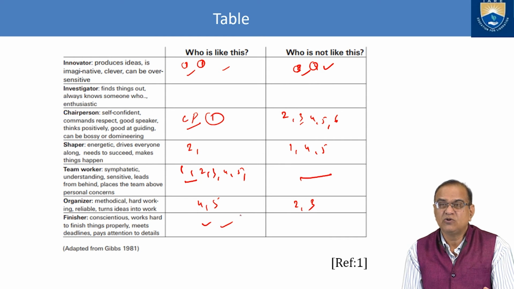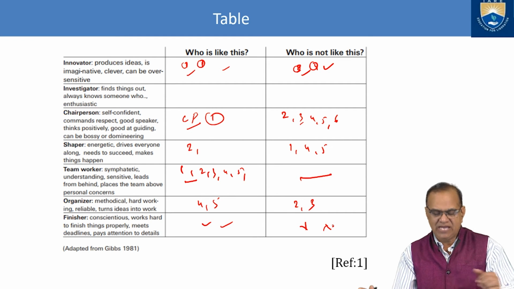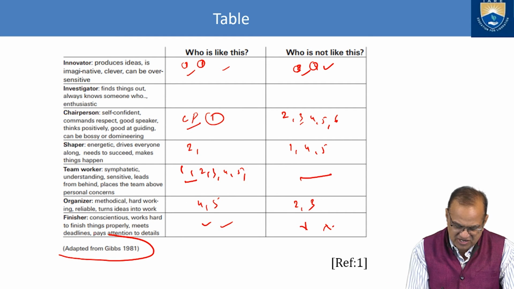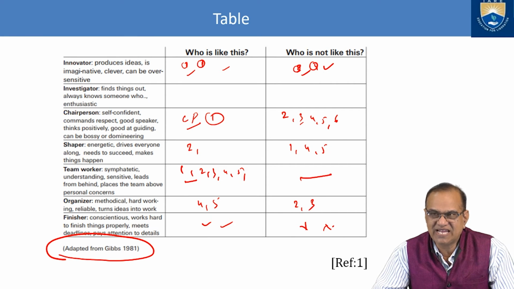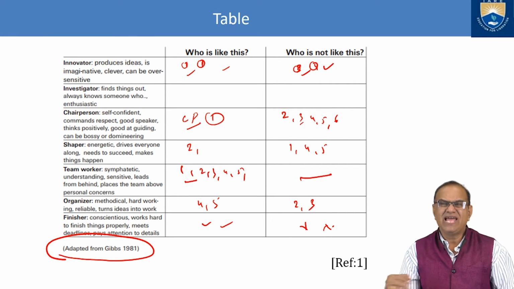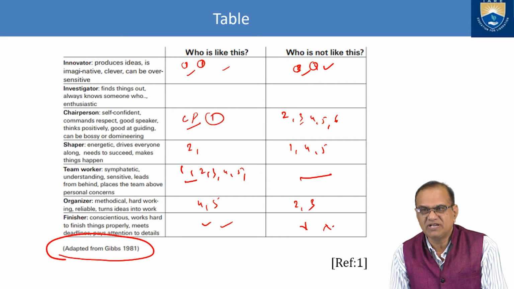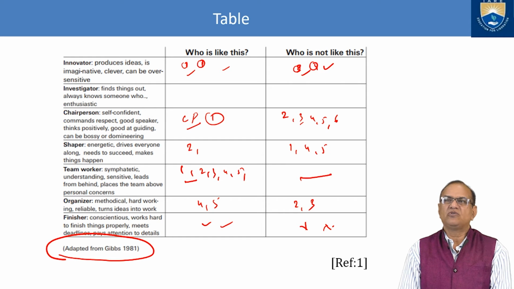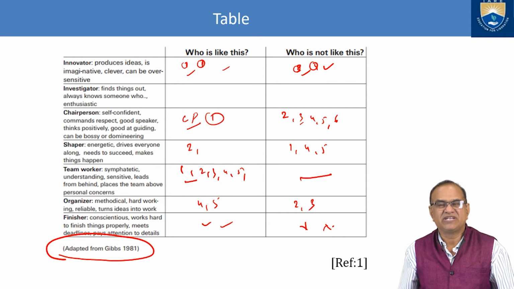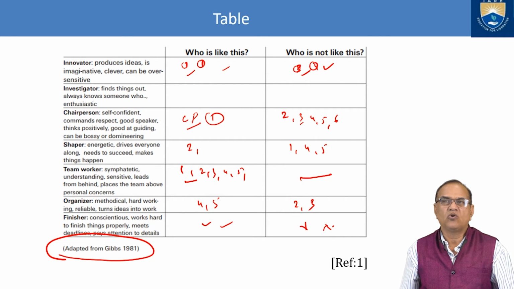These all things you have to decide, and who all are not there. This is taken from this research work adapted from Gibbs 1981. So like this we have to prepare the table, and after preparing the table we have to formulate a nice team, and then we have to go ahead.